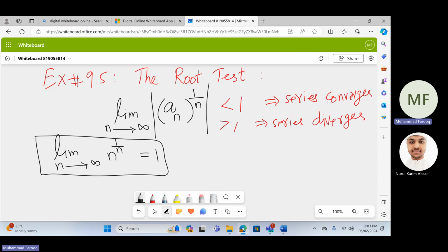So whenever you have n to the power 1 by n, you can get the answer 1.